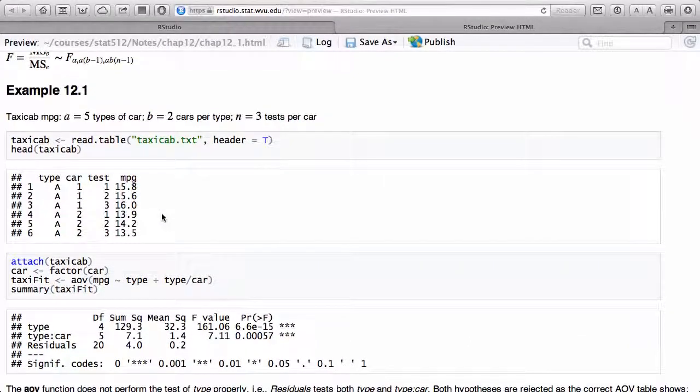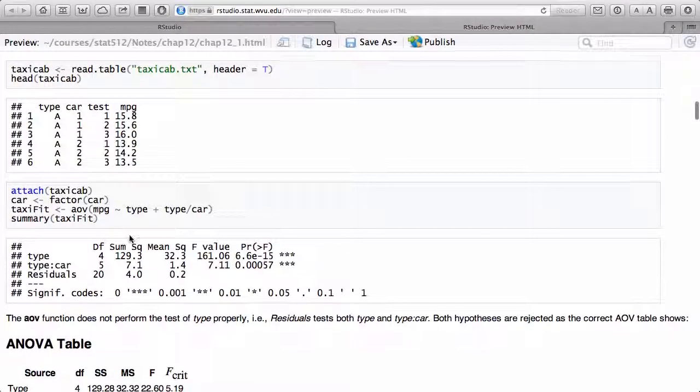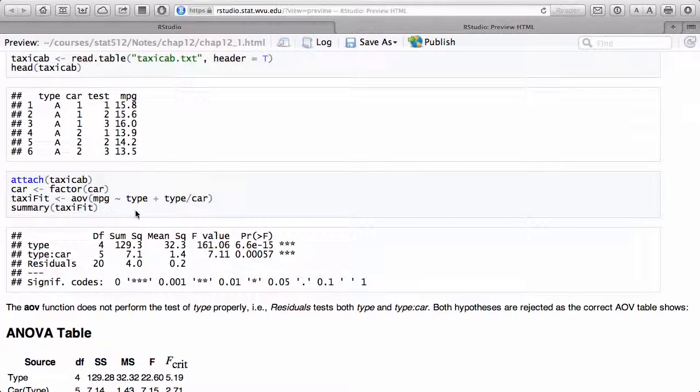So here we have an example of taxis. We have 5 types, 2 cars, and n equals 3 tests per car. And so here's the first 6 observations. And again, here we're doing type plus, and this is R's way of doing it. It's slightly different the way you do it in JMP and SAS. So I have miles per gallon tilde type, and then plus type slash car.